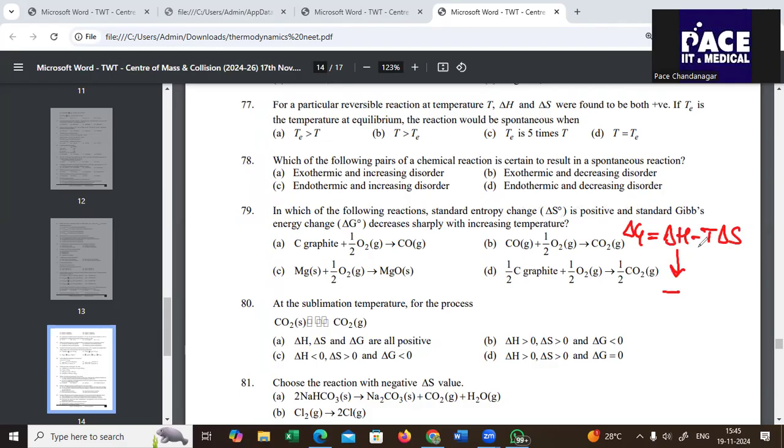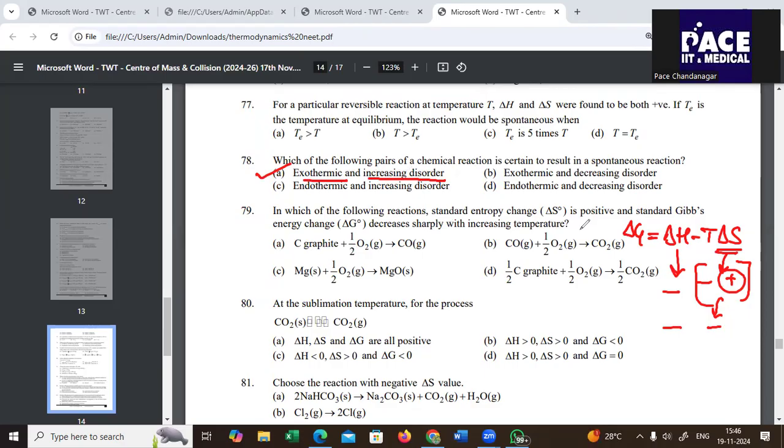And positive here, negative of positive will be negative. So delta S should be positive, because negative of positive, this term will be negative. Two negatives, the answer is negative. So delta S should be positive, which means increasing disorder, and exothermic, which means delta H negative. So option A here.